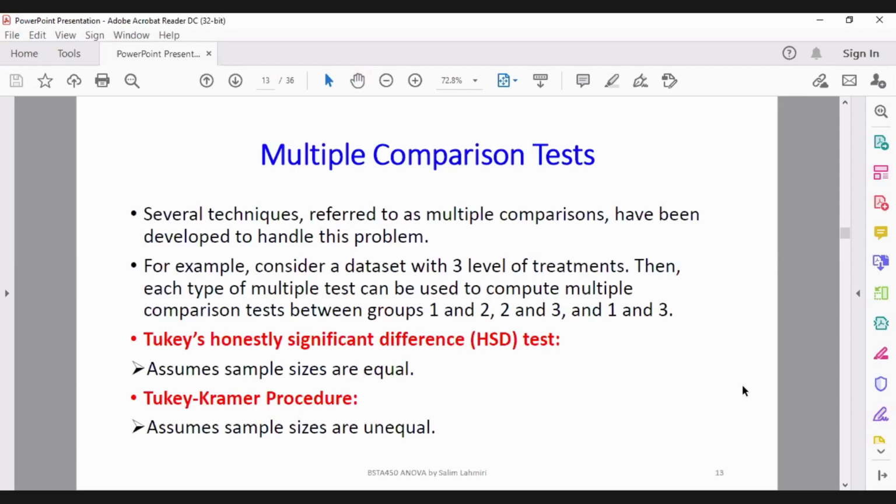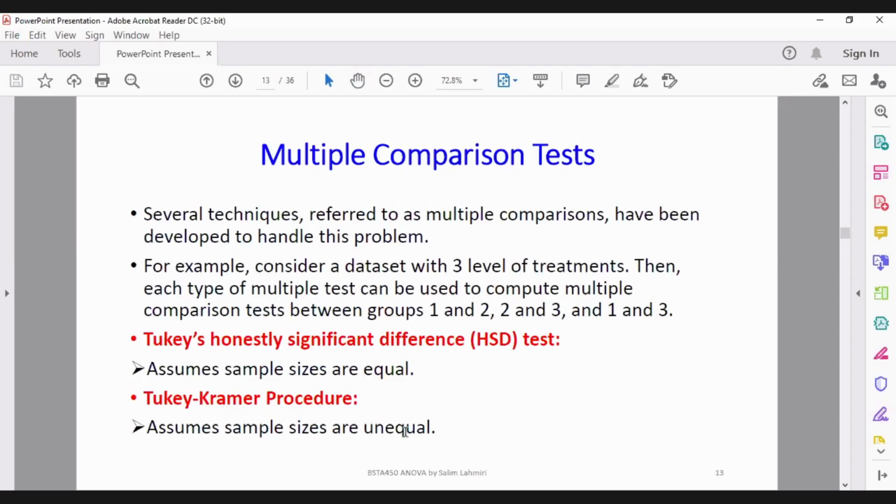There are 2 kinds of multiple tests: Tukey's honestly significant difference test and the Tukey-Kramer procedure. The first one assumes sample sizes are equal, and the second one assumes sample sizes are unequal.